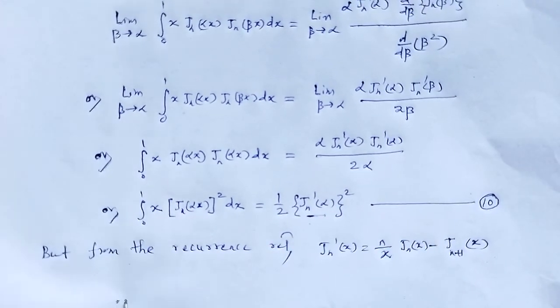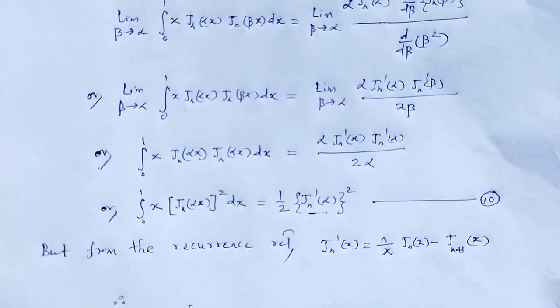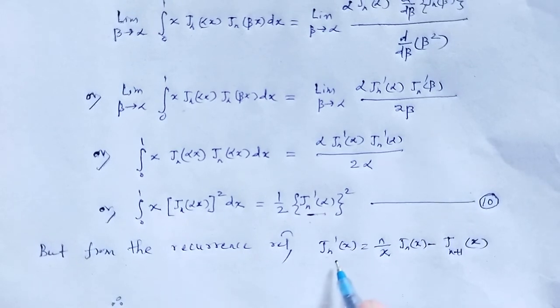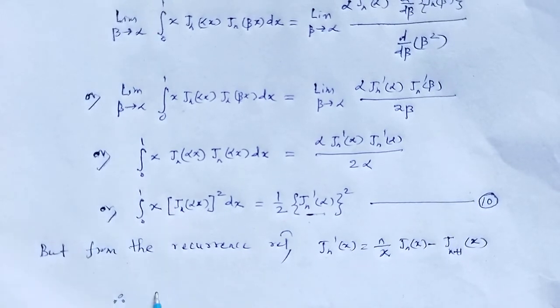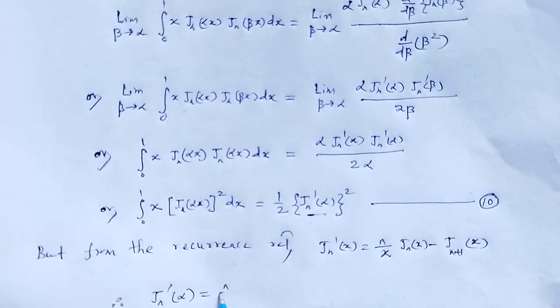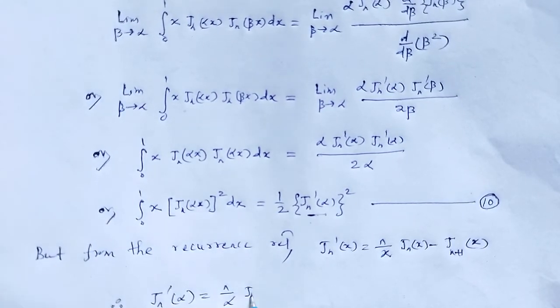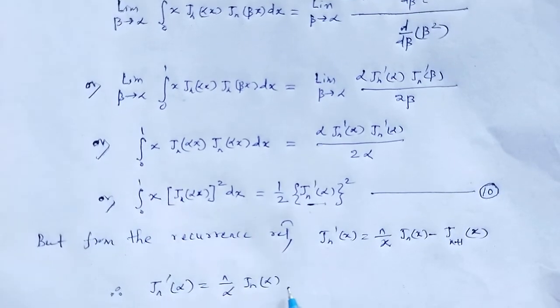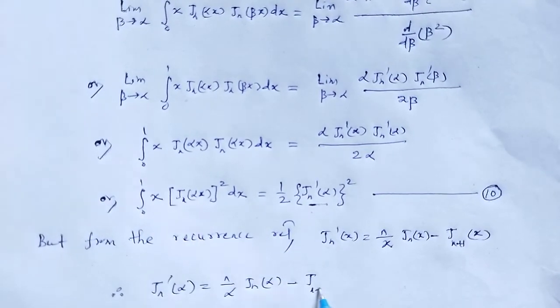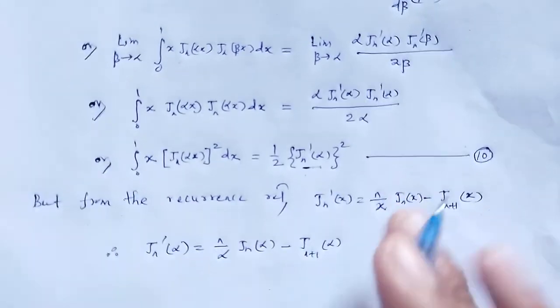Therefore Jn dash alpha is equal to n by alpha Jn of alpha minus Jn plus 1 of alpha.